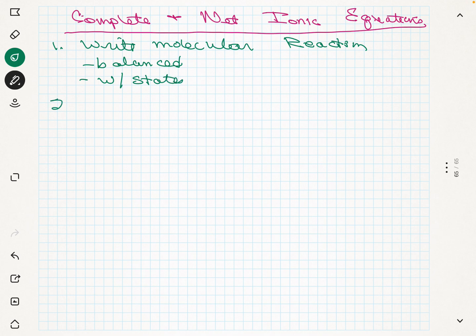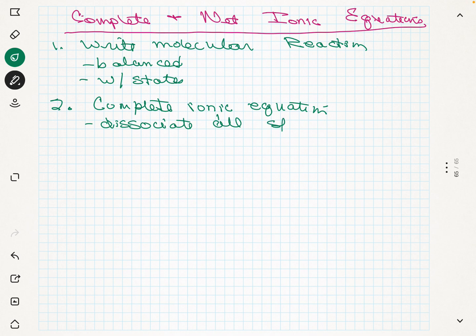Our second thing that we need to keep track of is our complete ionic equation. Again, this will dissociate all species that are dissolved in water.